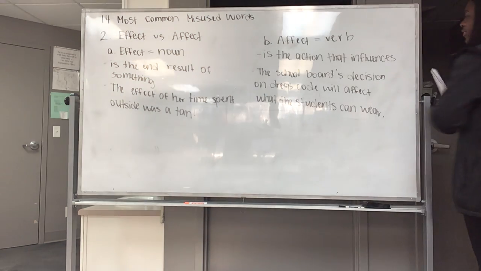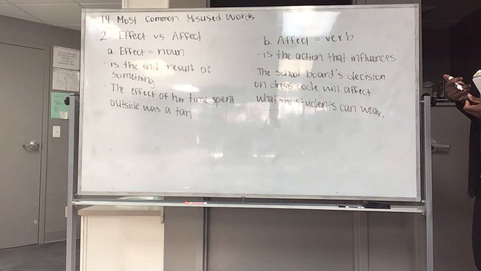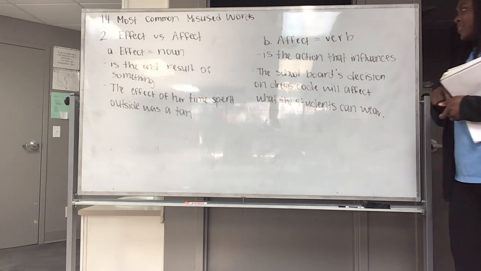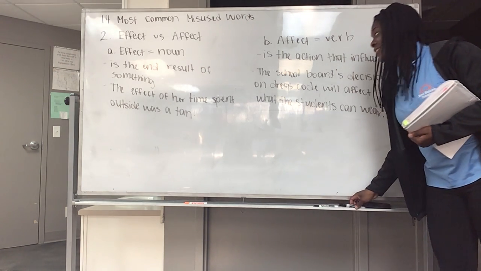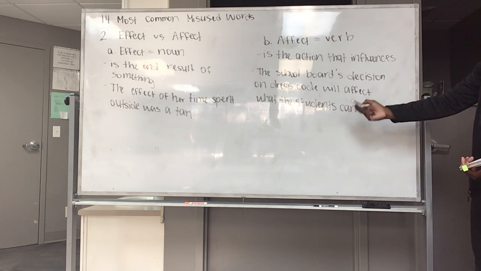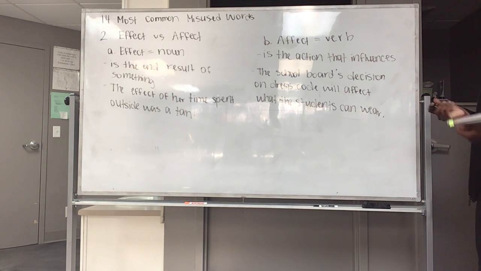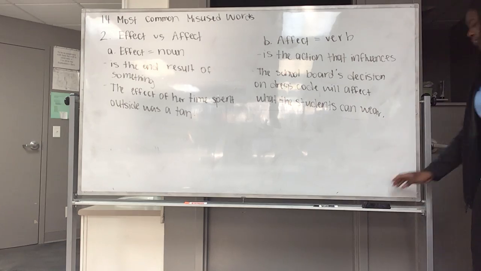The school board's decision on dress code will affect what the students can wear. Because the school board made a decision on dress code, that's going to influence how the students dress. Okay.